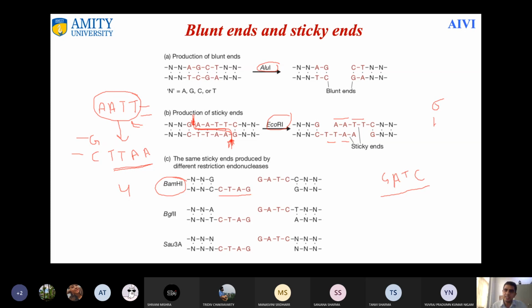It is a hexa cutter. Okay. Another example is BglII. It is again recognizing GATC, which means the recognition sequence of both BamH1 and BglII is GATC.